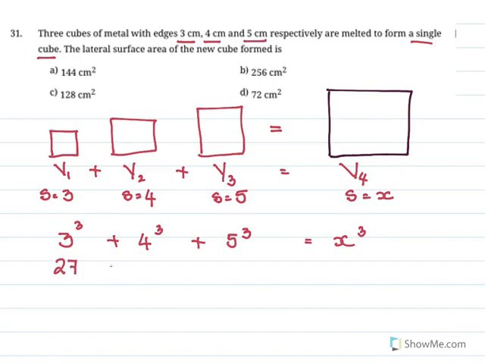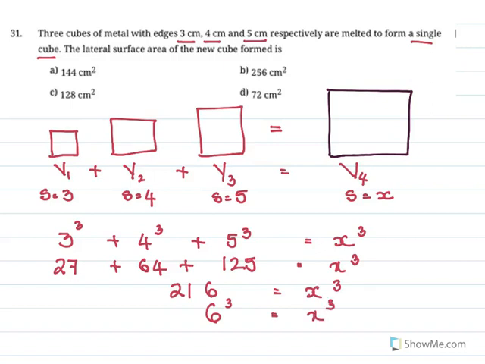So which is 27 plus 64 plus 125, it's not 216, this is 125 equal to x cube. So 216 equal to x cube. So we have 6 cube equal to x cube and x equal to 6. So the side of this new cube is 6 and we need to find the lateral surface area.